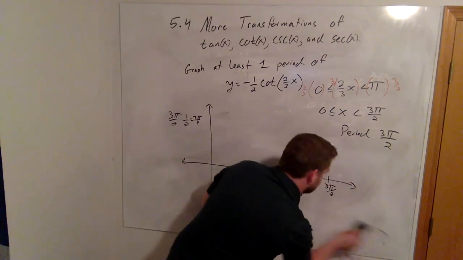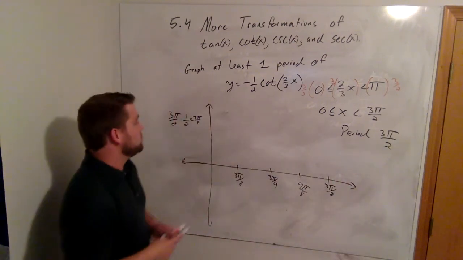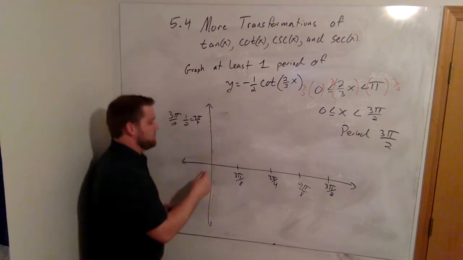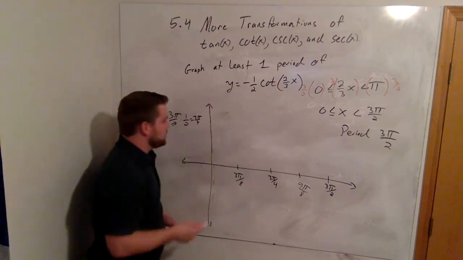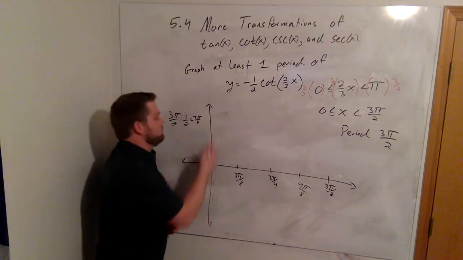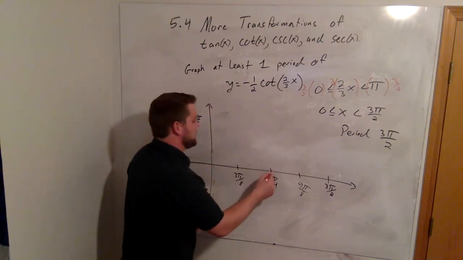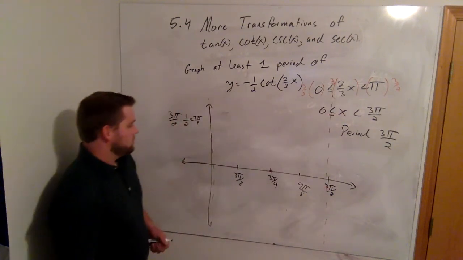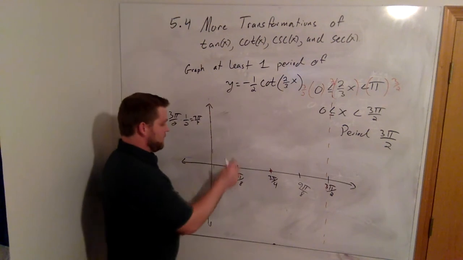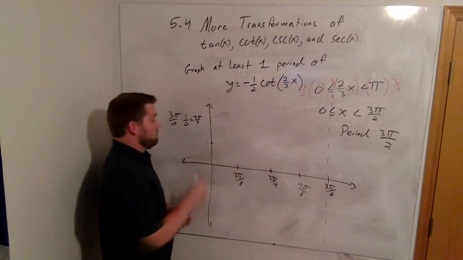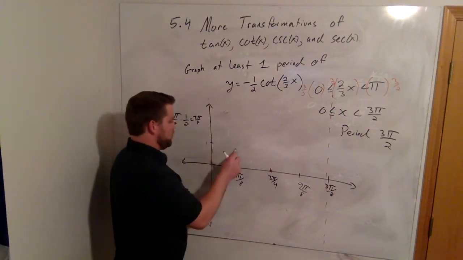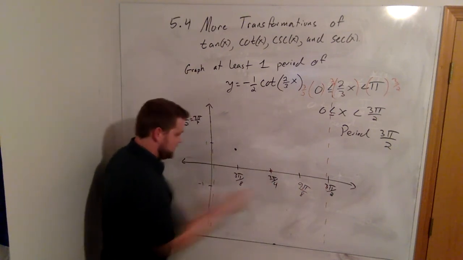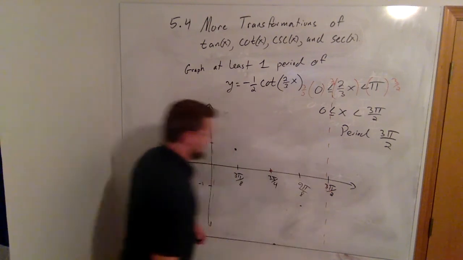Okay, so let's remember how cotangent works. Cotangent starts out with a vertical asymptote. It's going to be vertical asymptote, then x-intercept, then vertical asymptote. Normally I would have a 1 here, so it would be vertical asymptote, then a 1, then x-intercept, then -1, and then vertical asymptote.